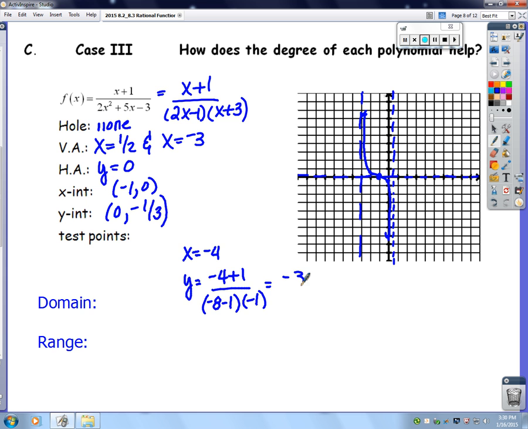All right, what do I got? -3 over -9 times -1, which is -3 over +9, which is -1/3. So at -4, counting from the origin, 1, 2, 3, 4, -1/3.